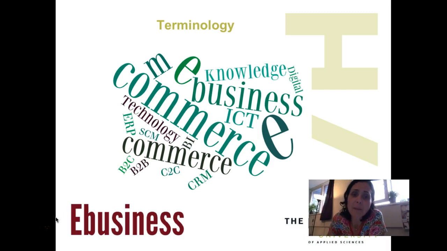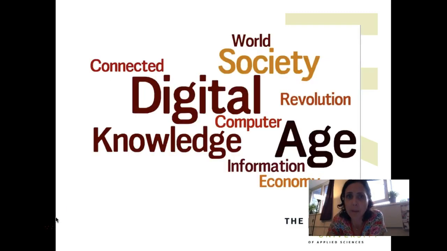We've chosen e-business, but they're similar concepts. You'll hear digital, ICT being thrown around, business to consumer, business to business, and CRMs and technology. I suggest that you decide on the terms that you're going to use in your report and explain how and why you're using those terms, to just be very clear, because sometimes people use things interchangeably.